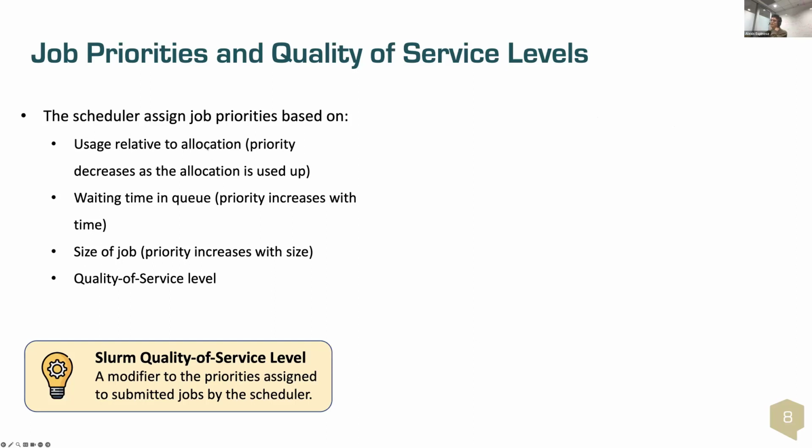So let's say that a project has already consumed 80% of its allocation, and then there is a project that has not consumed anything, and both submit a job at the same time. The one that has already consumed 80% of its allocation has a lower priority than the one that hasn't.